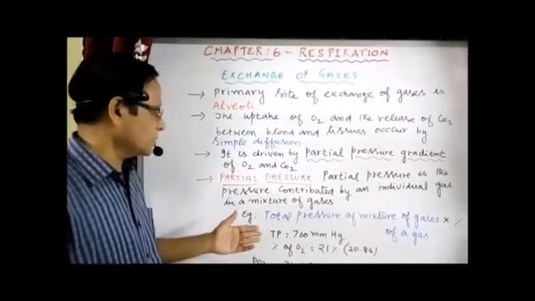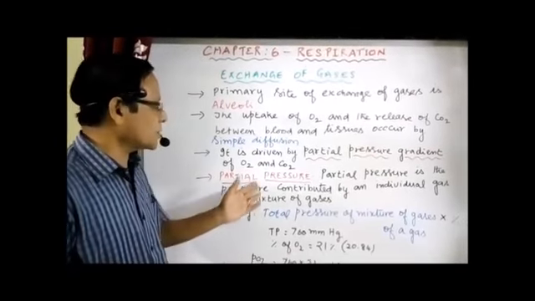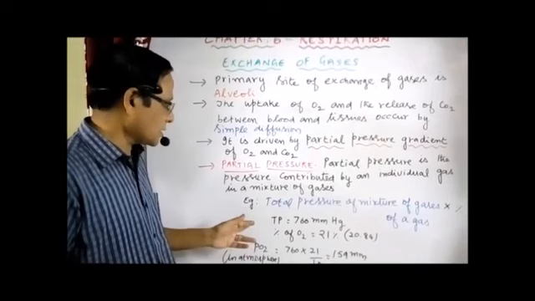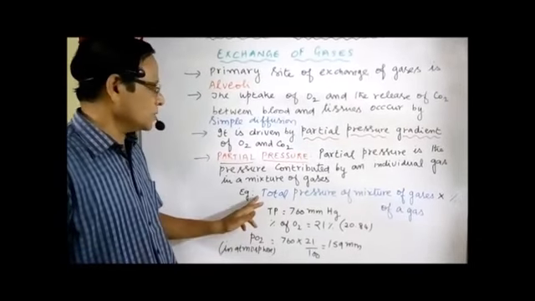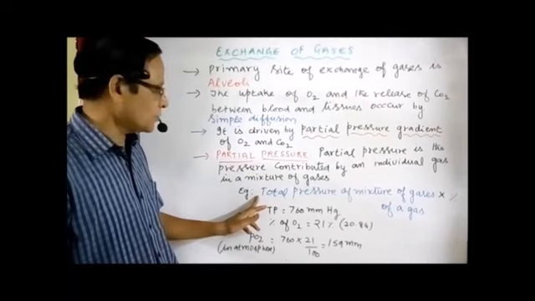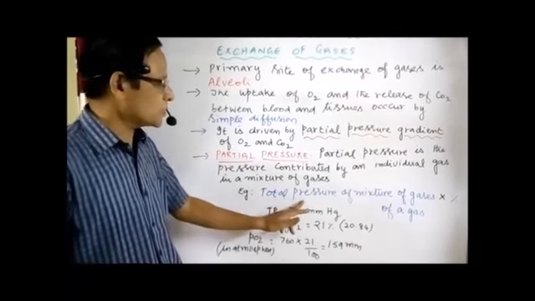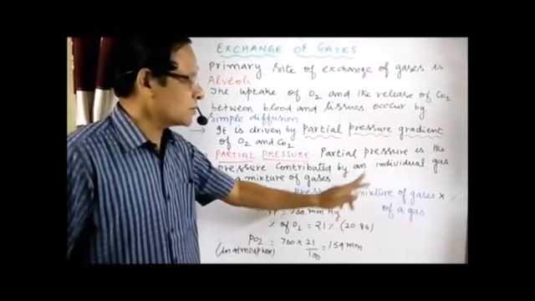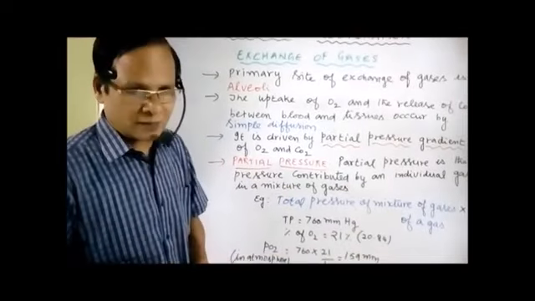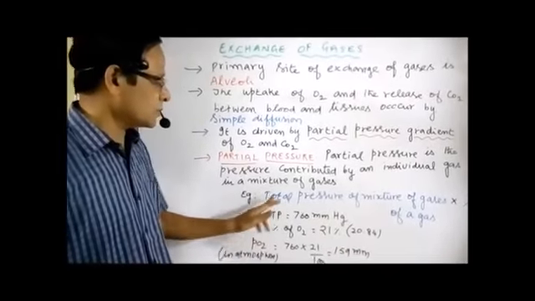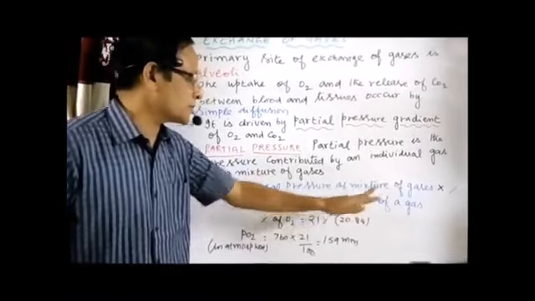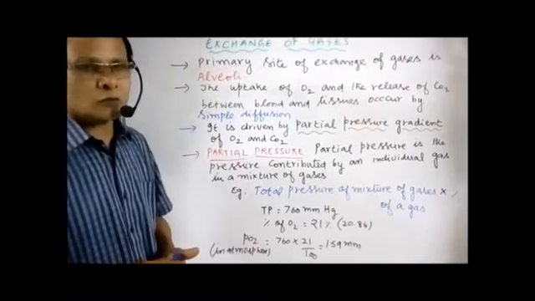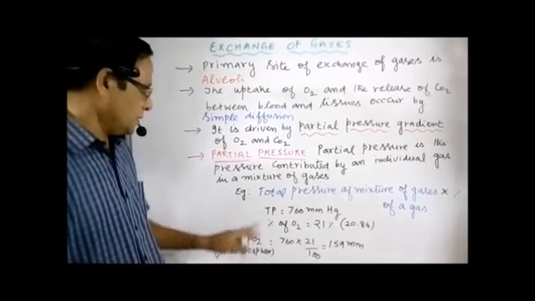So how do we calculate the partial pressure? I am taking the partial pressure of oxygen. It is calculated by the following formula: total pressure of the mixture of gases multiplied by the percentage of the gas.